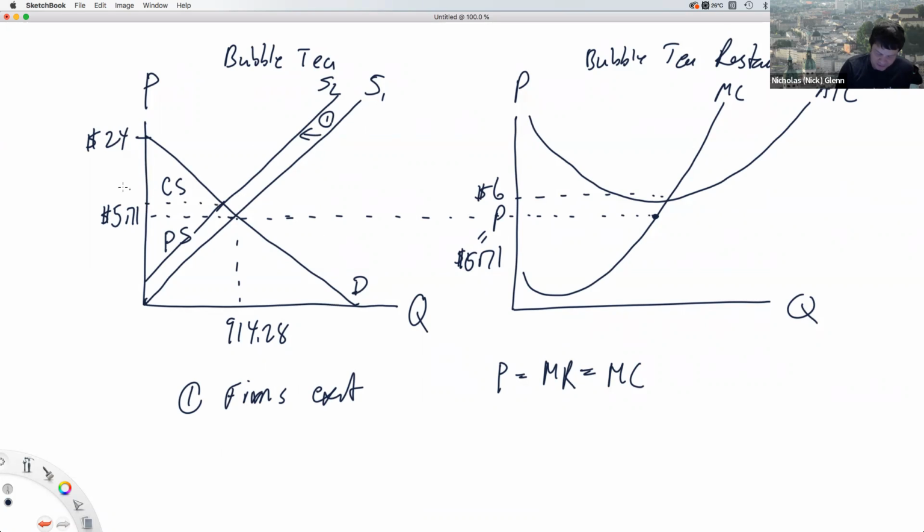So firms will keep exiting until the price rises to $6. And then at that point, you have this intersection with marginal cost, right where the average total cost is at $6. And at that point, firms will be getting zero profit. And so no firms will exit at this point because the profits are zero, and that's where things are in equilibrium, where no firms either enter or exit.